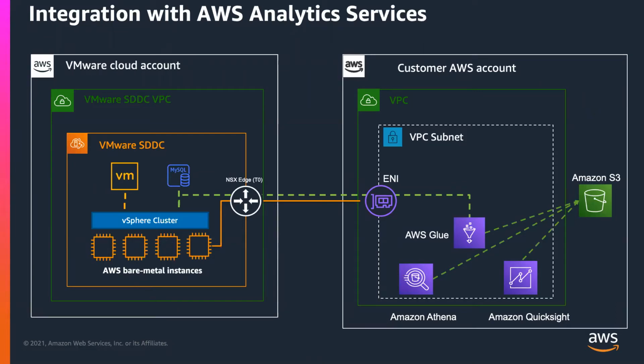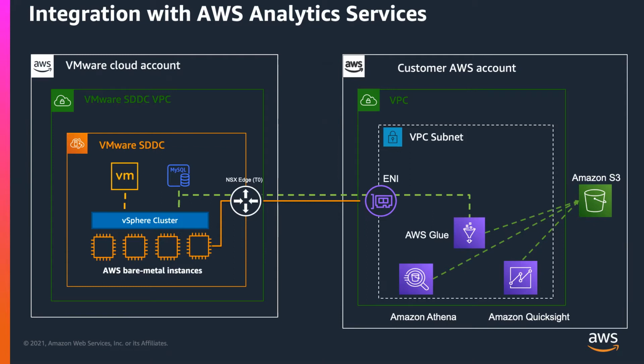Using this, we can access any service. As you can see, we will be using Glue, which is the data transformation tool. We'll use that to extract the data from a database that is sitting on the VMC environment. In this scenario, I will have a MySQL database with dummy data; I've taken a COVID data set from Kaggle and populated the database.